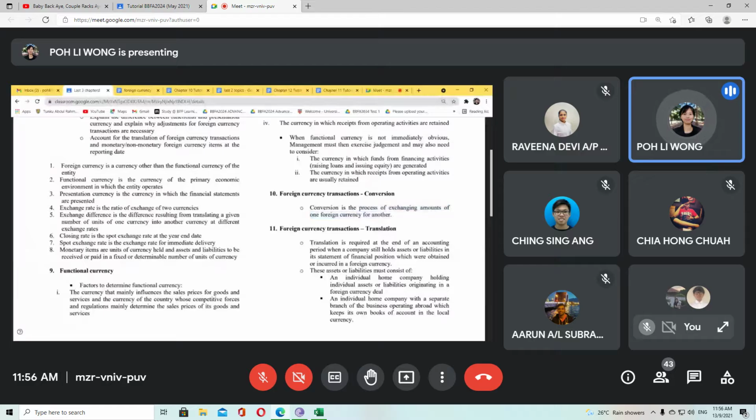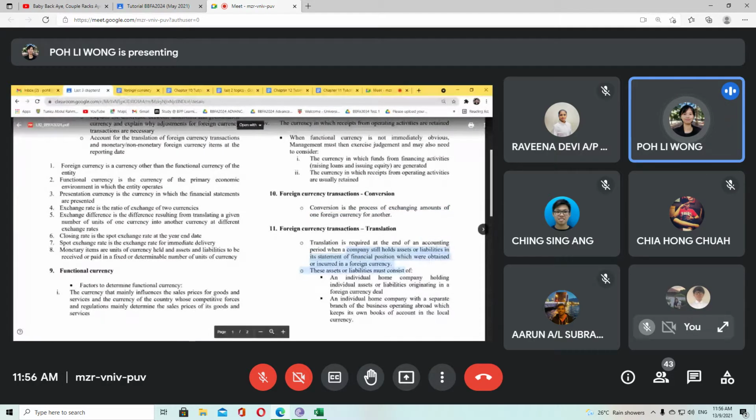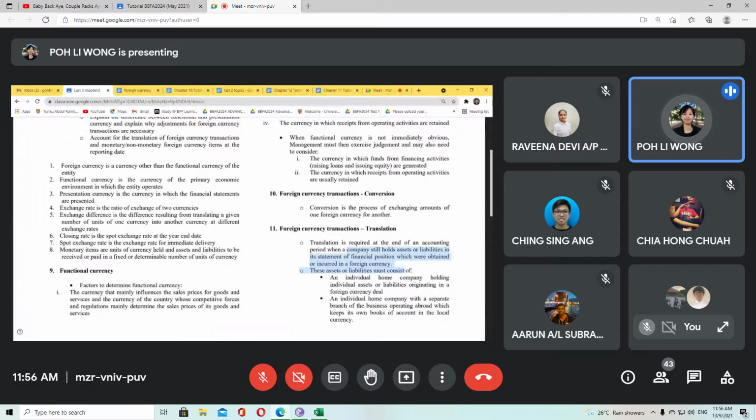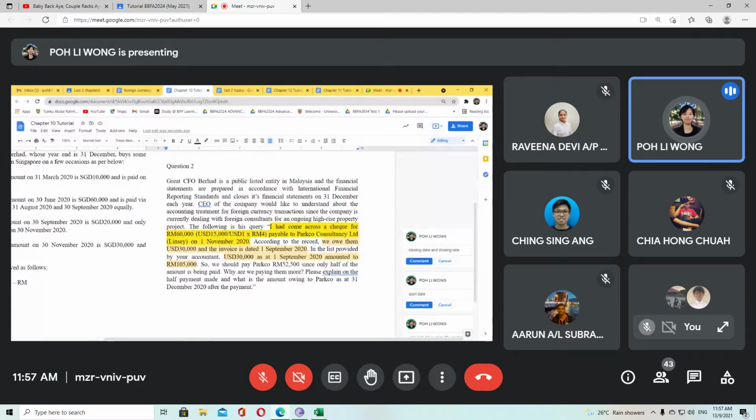Translation means that we still hold the assets or liabilities at the year end. If it remains unpaid, then there is translation. Conversion on the 15,000 paid, translation on the 15,000 unpaid.